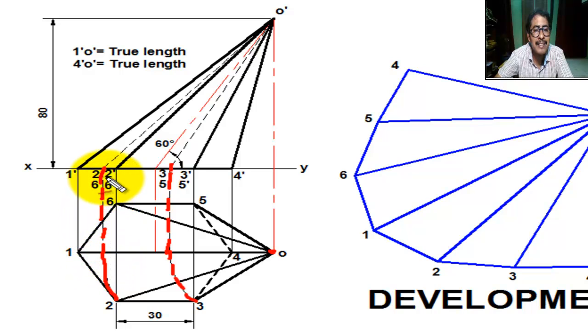From 2 and 6, this is the projection line, this is the arc, and this is the vertical line. From 3 or 5, same, from center O, this is the arc, then vertical line. This is marked as 2 and 6, and this is marked as 3.